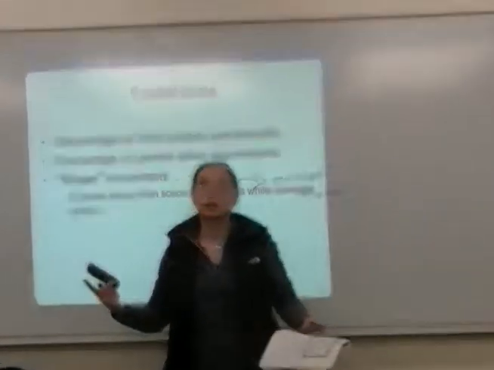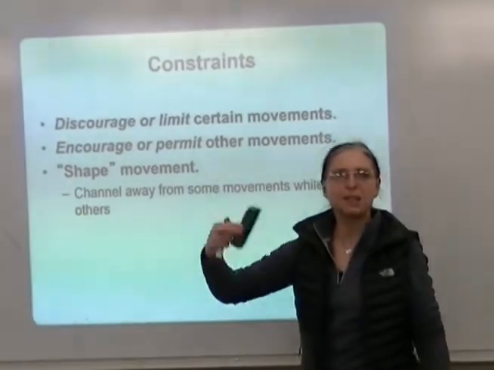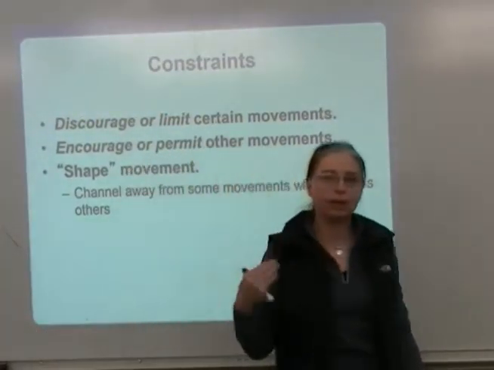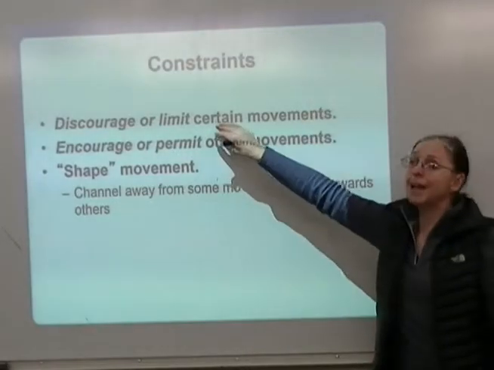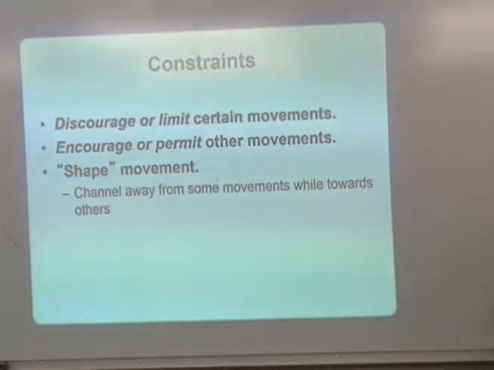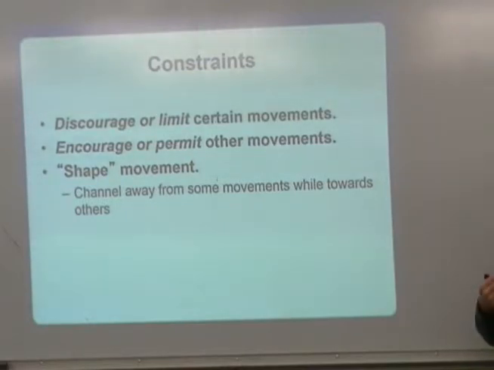So, the word constraint, again, doesn't mean what it means when we use it in everyday language, when we're looking at it in motor development, because a constraint in everyday language tends to be interpreted as a restraint, right? I'm being constrained. In motor development, a constraint might limit a particular movement, but it also, if it limits one type of movement, then chances are it's encouraging a different kind of movement, right?